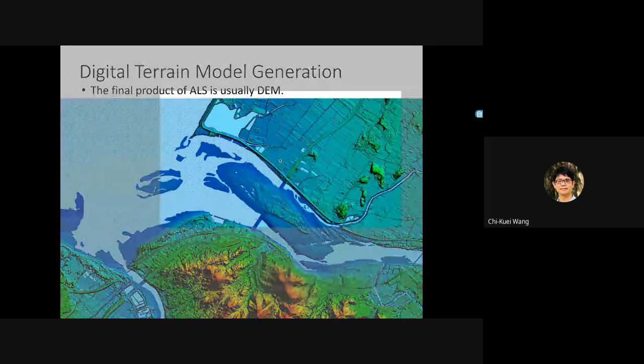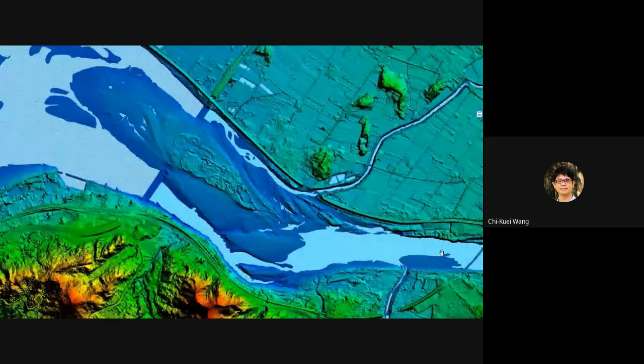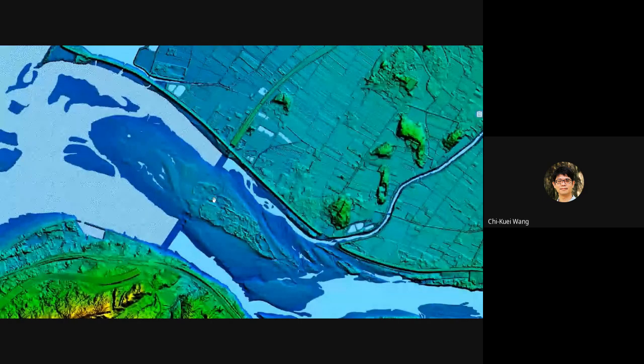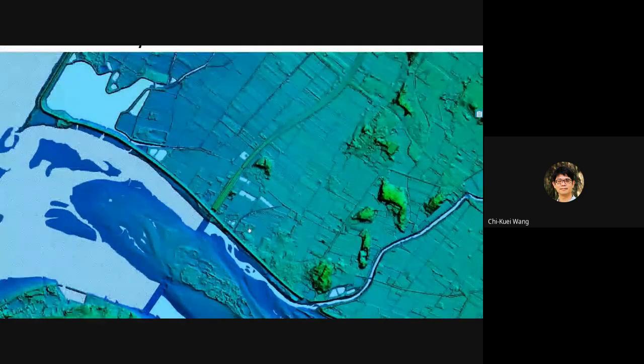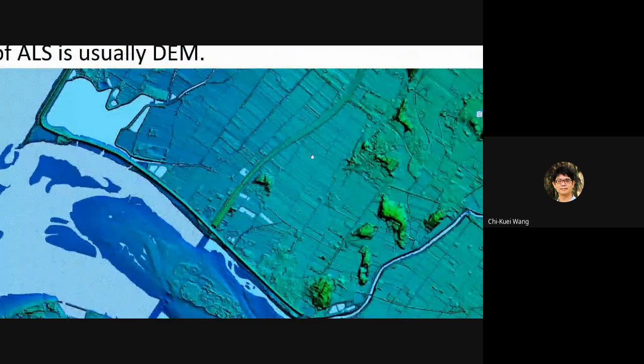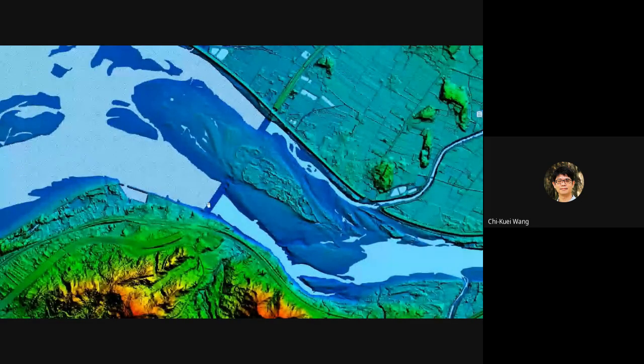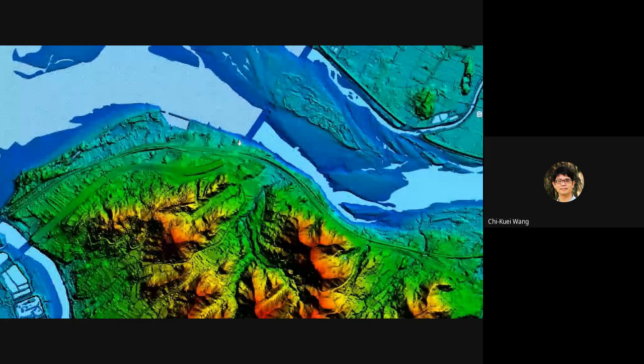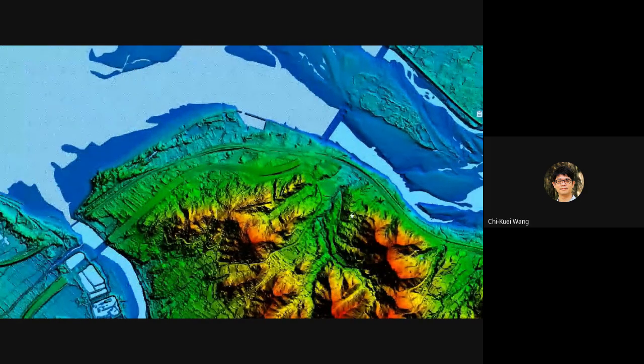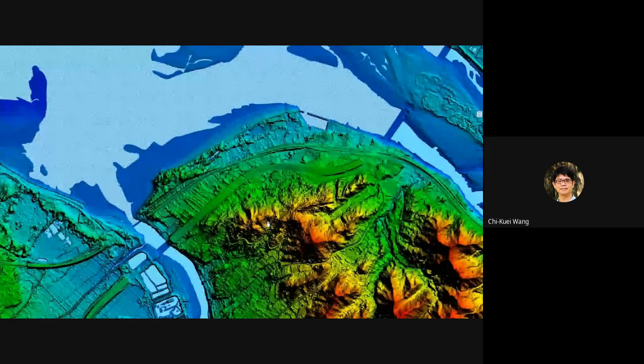This is the river. We have the sand dune, and these are the roads, and we have the farm fields. You see that intentionally we cut off the bridge, because of the requirement of the DEM. So it's very highly detailed.